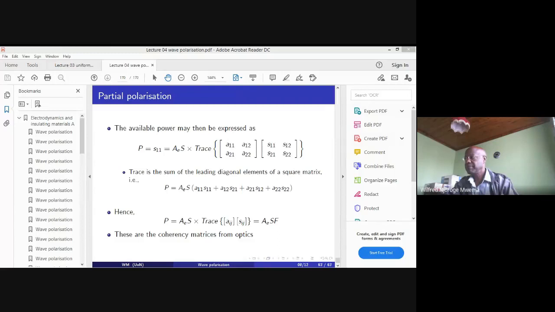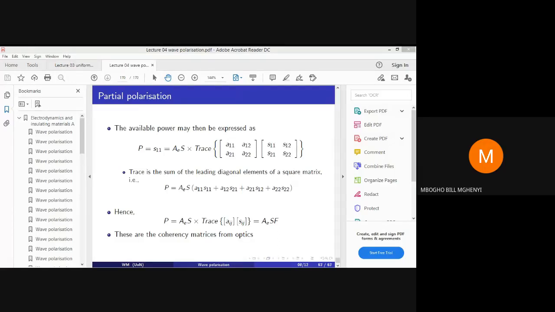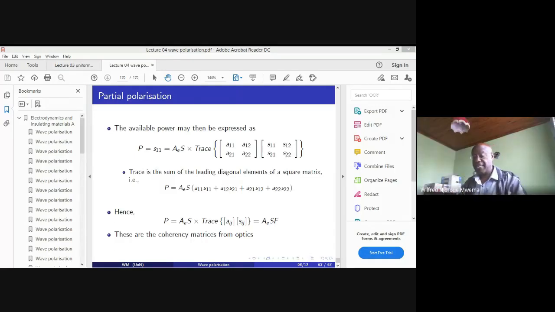multiplied by the electric field. Okay, so write the following.